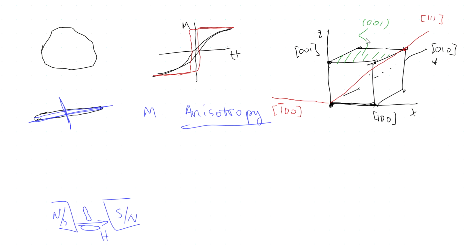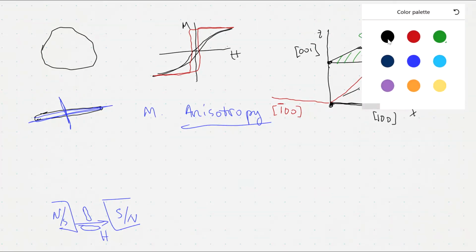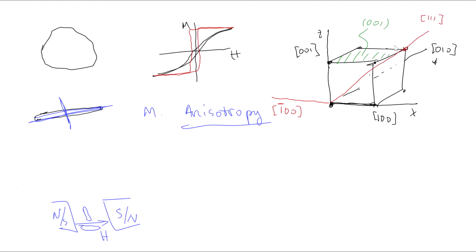Okay, so now if you take iron, which has this type of crystal lattice similar to that, and measure its hysteresis curve, I will draw only the first quadrant of the hysteresis curve. We apply a magnetic field and measure magnetization.